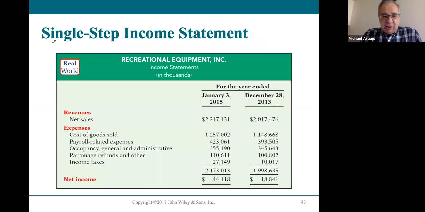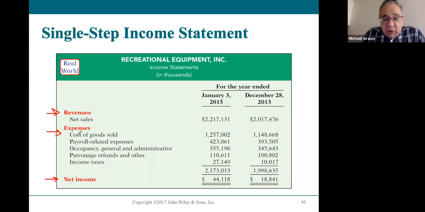So again, here is your single step income statement showing your revenue listed first. Your expenses are then listed second, and then your net income. So this is what you were basically used to seeing from all those service businesses that we studied in chapters 1, 2, 3, and 4.